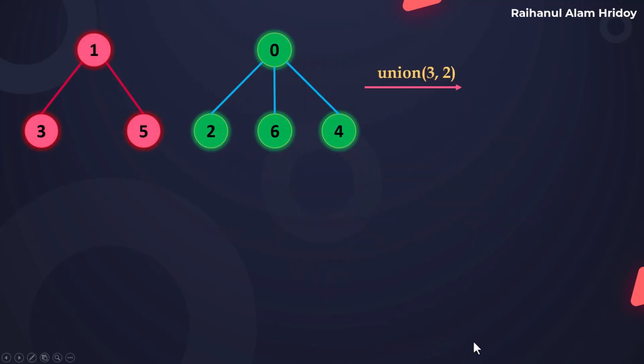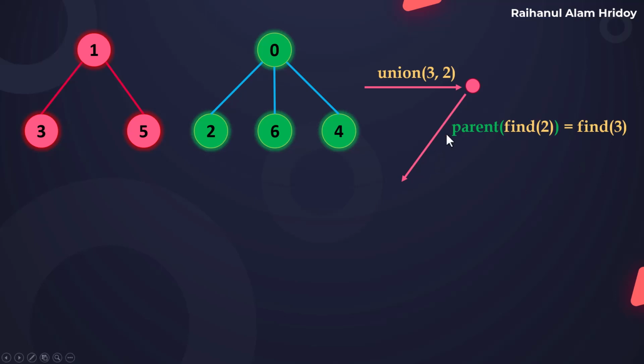Now suppose we want to union 3 and 2. We can see that they are already in 2 separate groups. Union will combine them into one group. Inside union, we will use the find function to find the representative of 3 and 2. After finding them, we will be adding 3 as 2's parent.